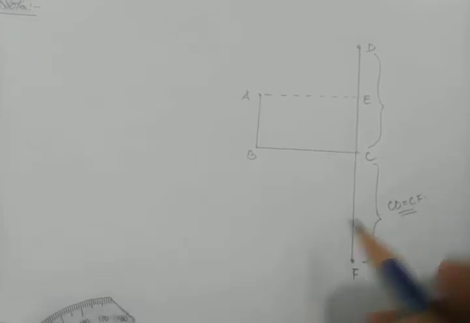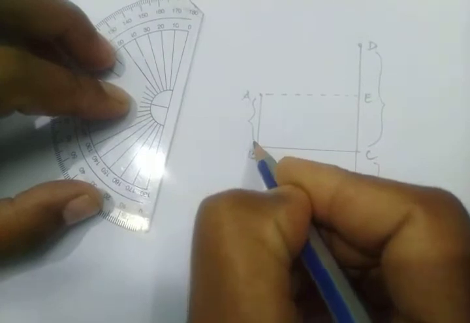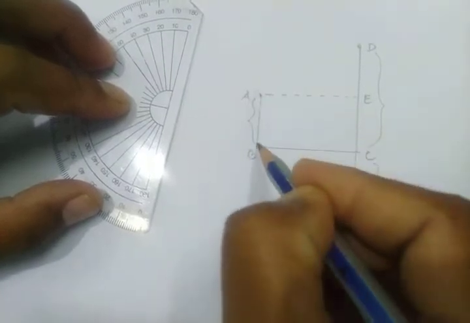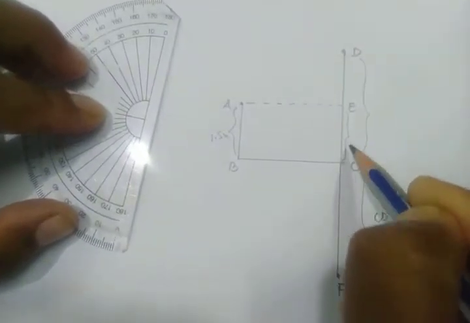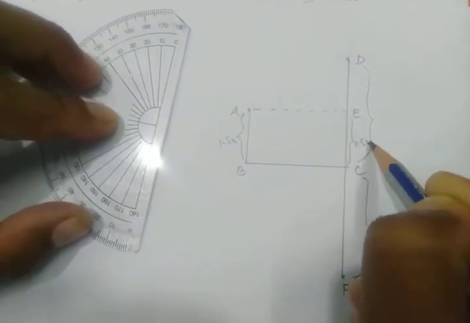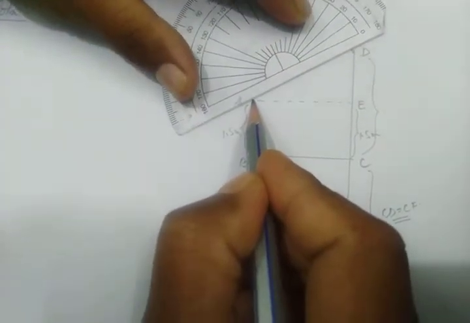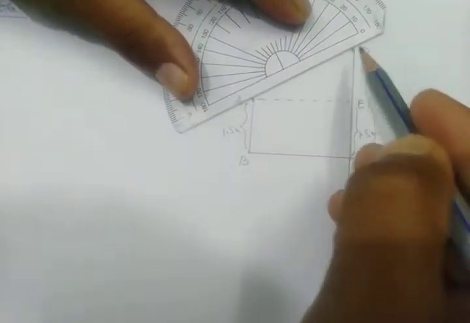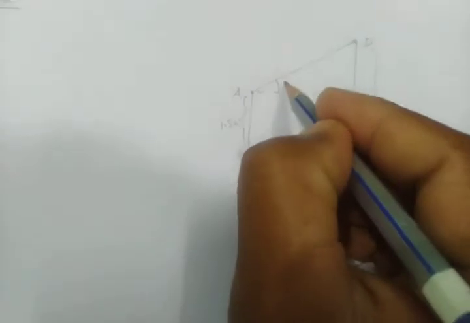Let's remember this. Now the distance between the eye and the foot of the man is 1.5 meter, so this should also be 1.5 meter. Now from the eye of the man, let us first observe the bird. This is the line of sight, so the angle of elevation as given by the question is 30 degree.